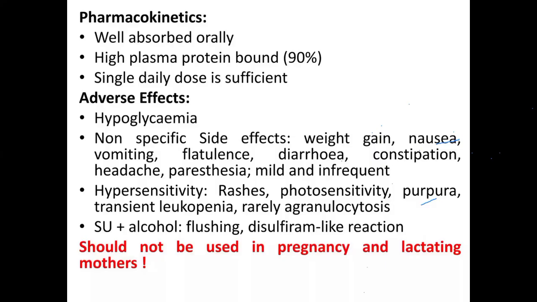So if a pregnant or lactating woman is taking a diabetes mellitus drug, specifically sulfonylurea, it should be avoided. It is not recommended in pregnancy and lactating mothers. So this was all about the adverse effects and pharmacokinetic study of the sulfonylureas.